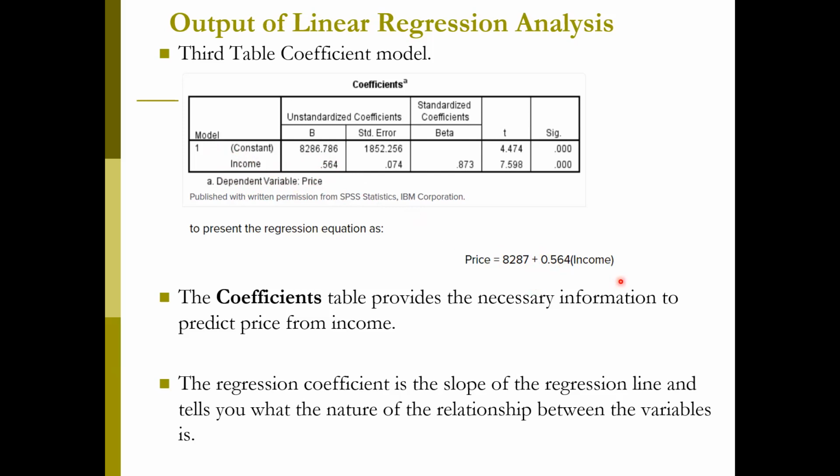So the coefficient provides the necessary information to predict price from income. Remember, the regression coefficient is the slope of the regression line. It tells you the nature of the relationship between the variables. Remember, the sign is also appropriate because it is positive.